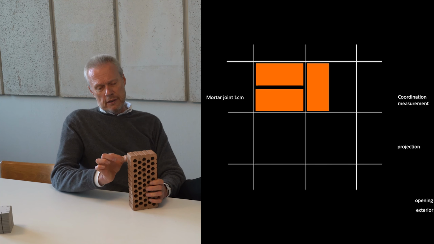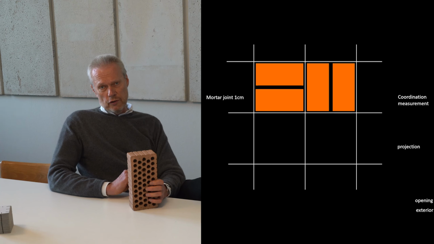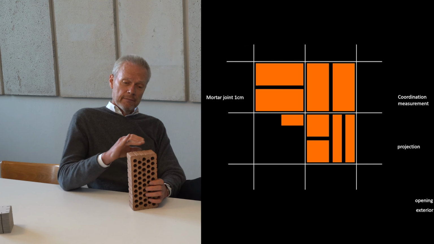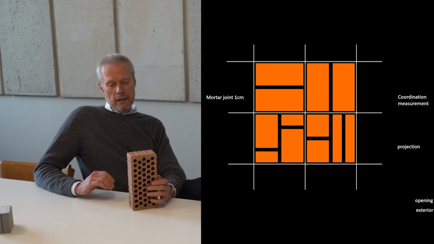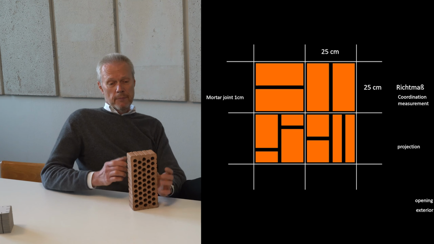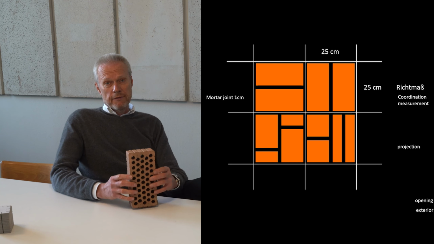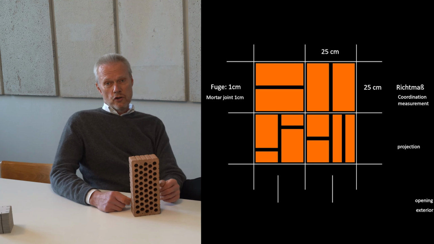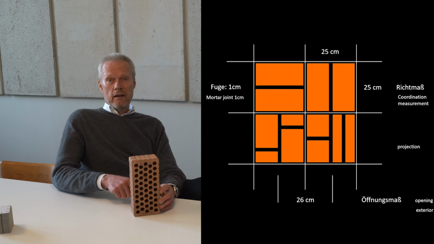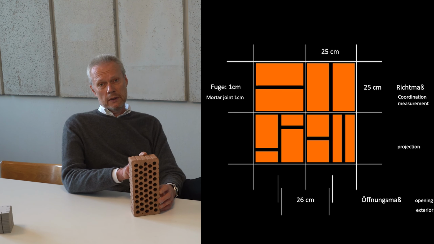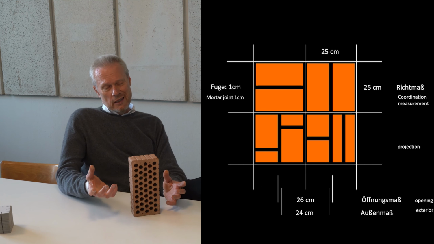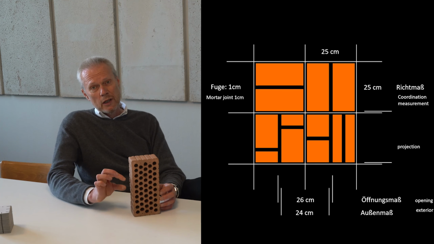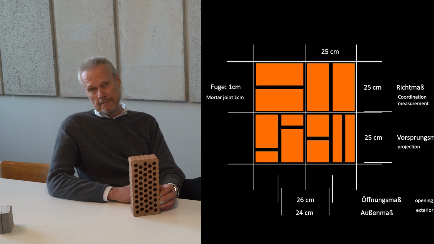If you take into account a mortar joint of 1 centimeter, then your line here is maybe at 25, but the size of the brick that fits in these lines together with the mortar joints is 11.5 by 24. So 24, once again, can be divided in 2 times 11.5 and 1 mortar joint of 1 centimeter.